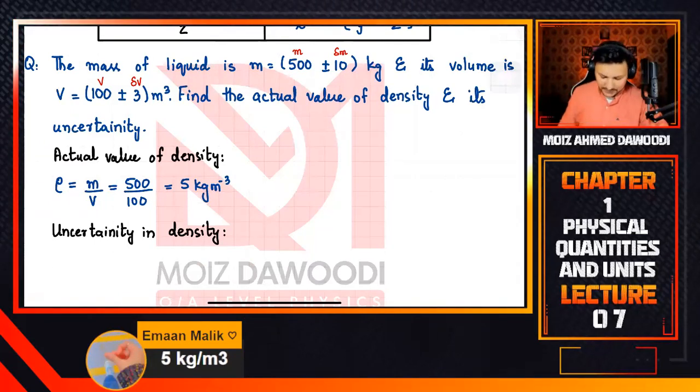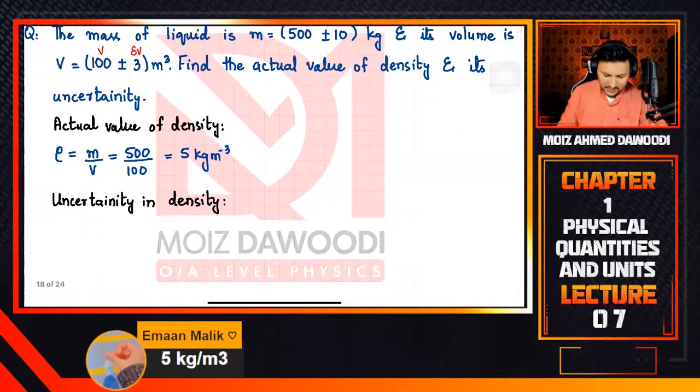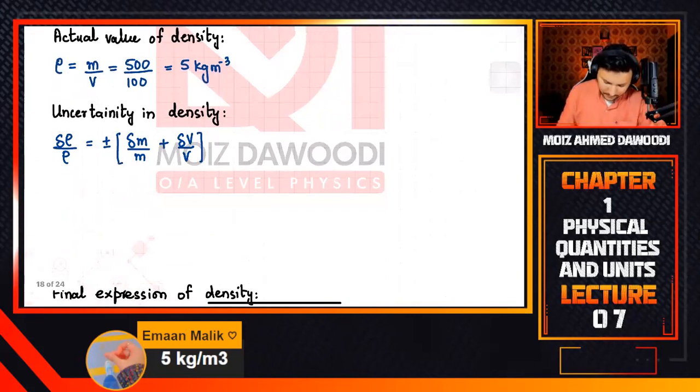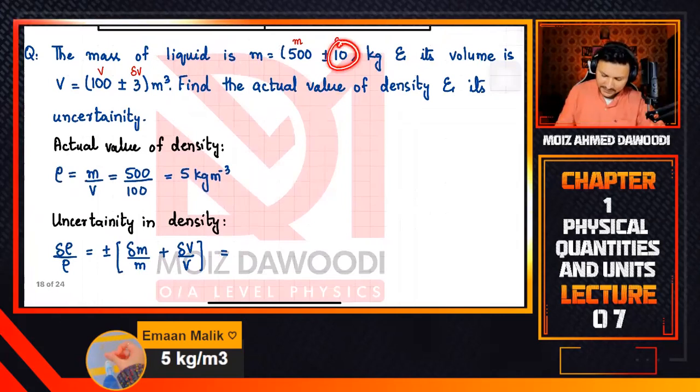Now, uncertainty in density. Since our equation is a multiplication and division equation, uncertainty in density over actual density equals plus minus uncertainty in mass over mass plus uncertainty in volume over volume. Uncertainty in mass is what? 10 kilogram.